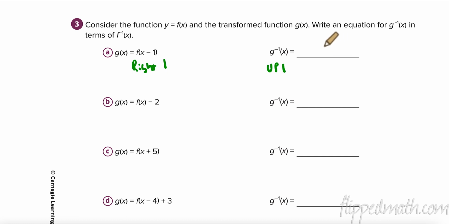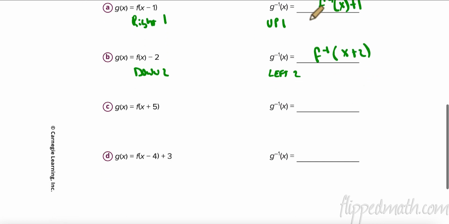So I'm going to write that as the inverse of x plus 1. All right, so this is down 2. So down 2 means left 2, right? So that means my inverse is going to go to the left 2. All right, I'm going to pause it. I want you to do C and D all by yourself.